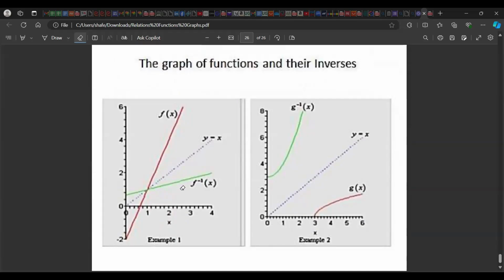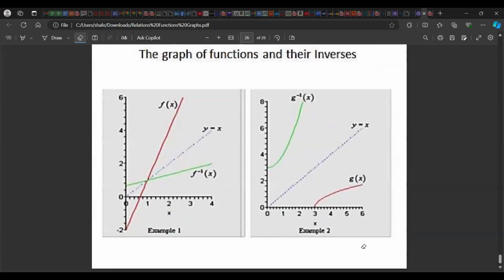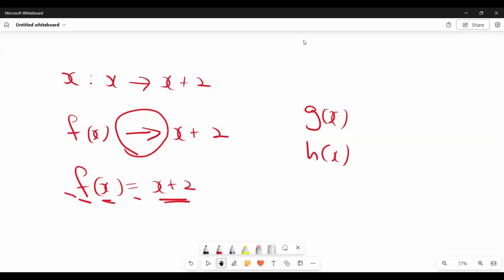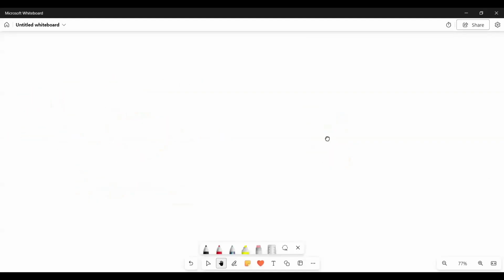A function and its inverse are really mirror images of one another in the line y equals x. This is a little advanced for you. But let me stop and I'll go to the whiteboard, and we're going to do a simple one like what you saw here just now.